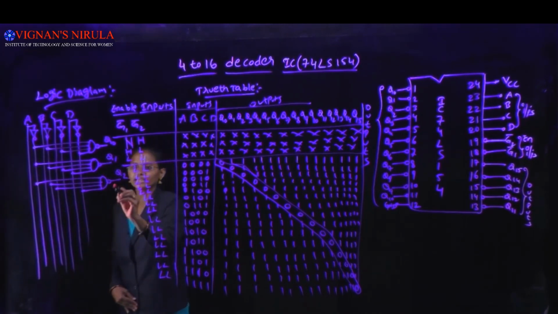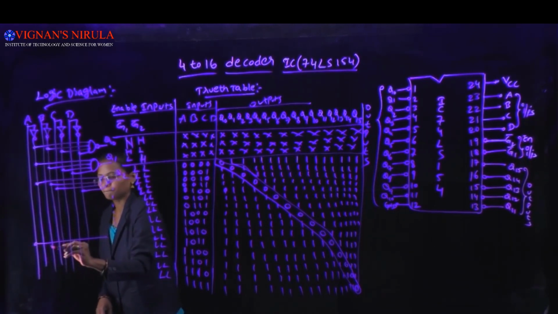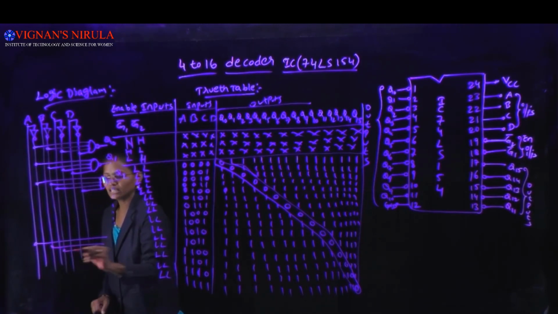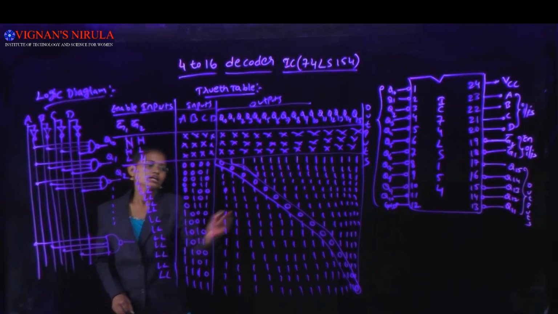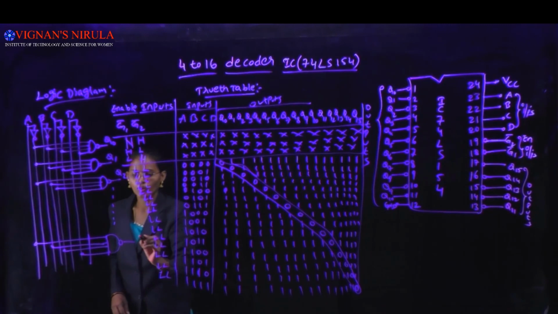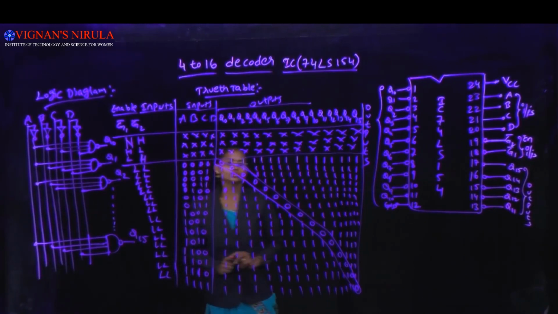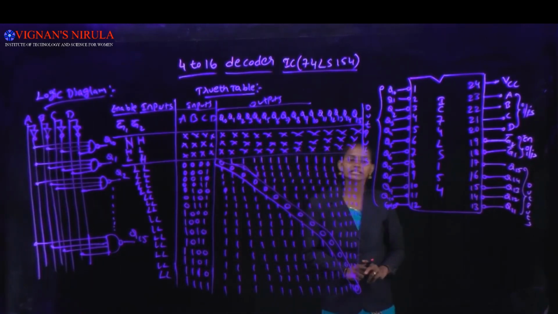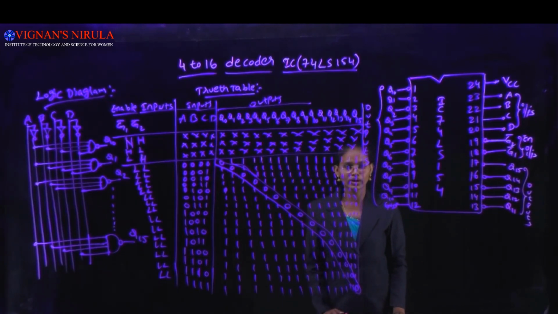Like that we draw up to Q15, that is A and next B and next C and next D. Here we are using the NOT gate because these outputs are low. Like that we draw Q15. This is overall about the 4 to 16 decoder by using IC 74LS154. Okay, thank you.